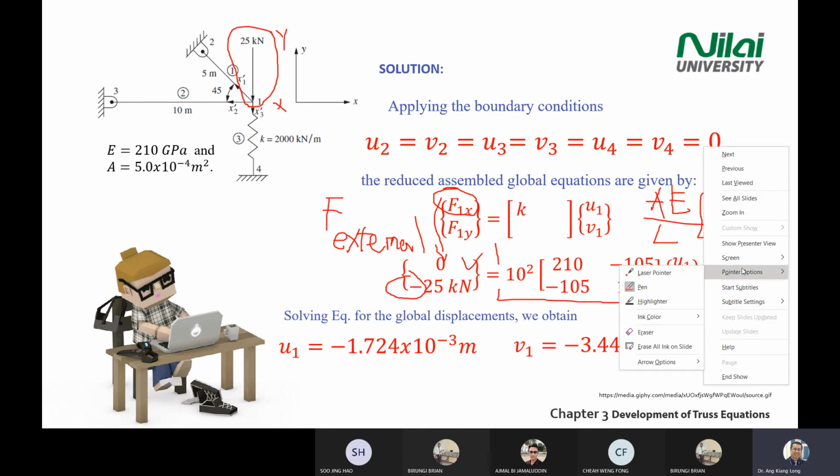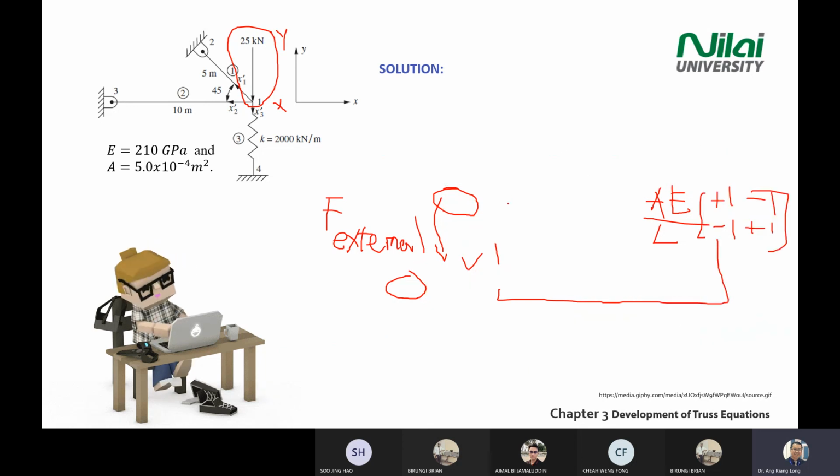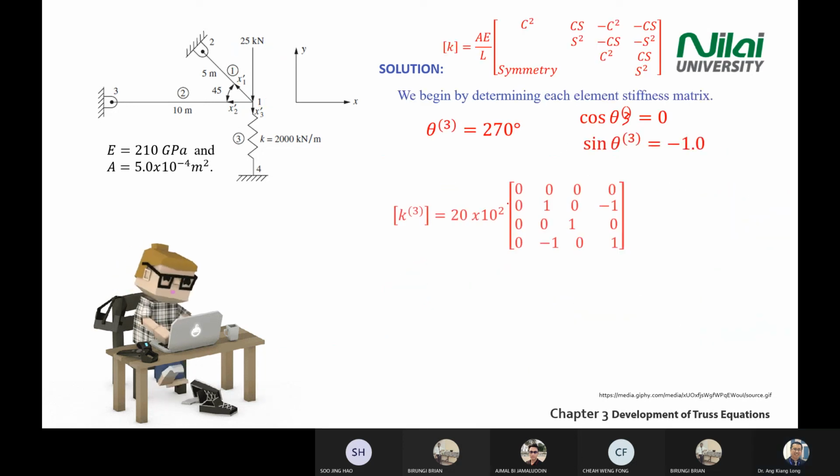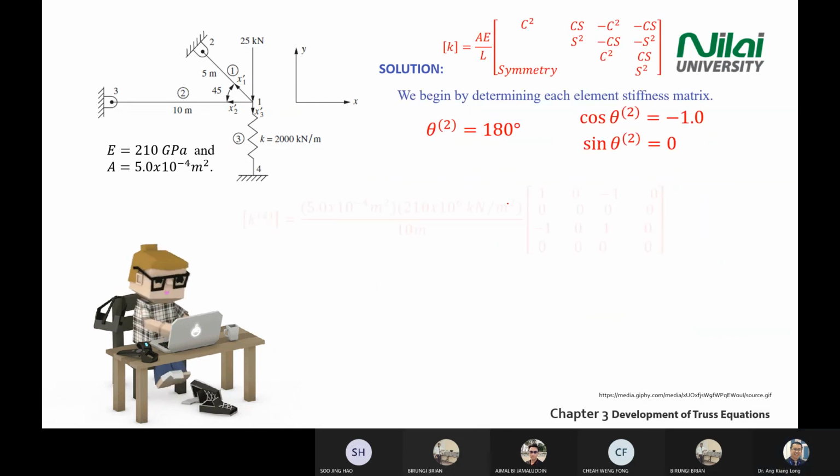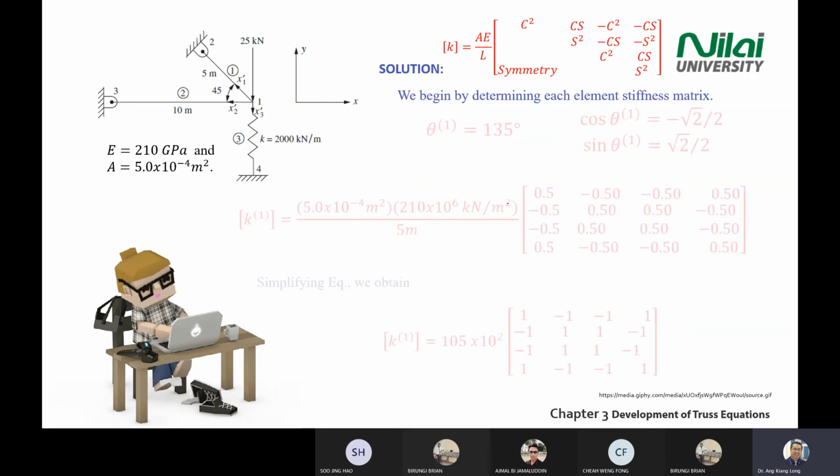Then times the cosine and so on. So this one you get from here.